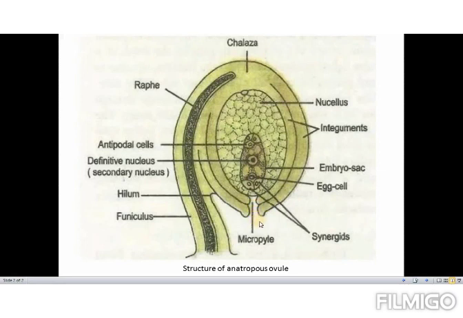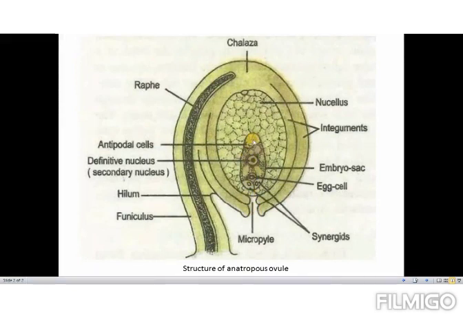This is giving the site for the entry of the pollen tube, which most of the time takes place through the micropyle. Otherwise the pollen tube can enter through the integuments also, through the chalaza also, but mostly the entry of the pollen tube takes place through the micropyle.